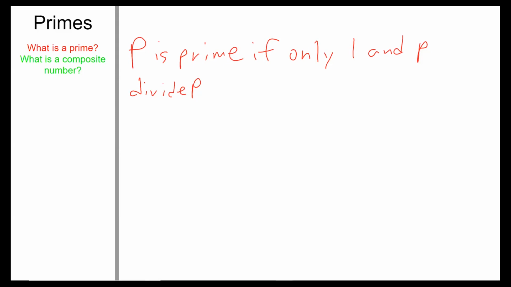Someone asked, is there a fast way to determine if a number is prime? Well, later in the course, I think next week, or even if we get to it this week, we're going to be talking about divisibility rules. If a number ends in an even digit, then it's obviously divisible by 2.